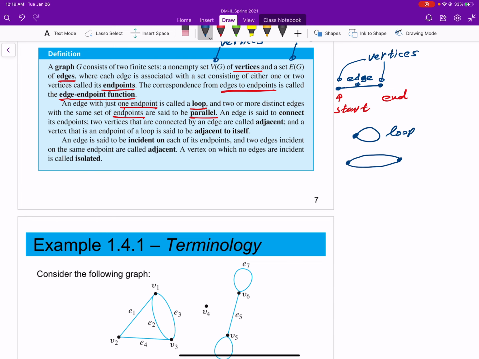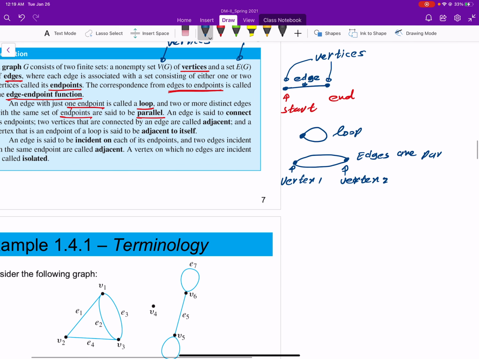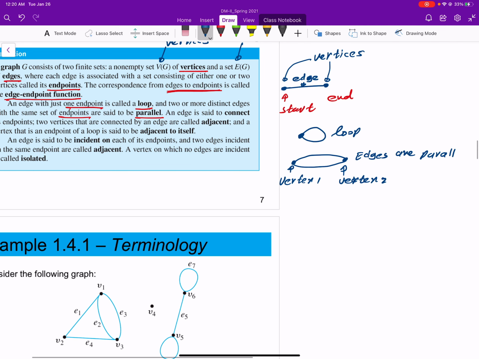So here you have vertex 1, here you have vertex 2, and here you have two edges. Okay, they are called parallel. Let me write: these edges are parallel.